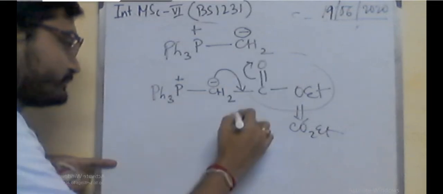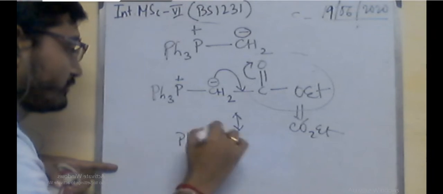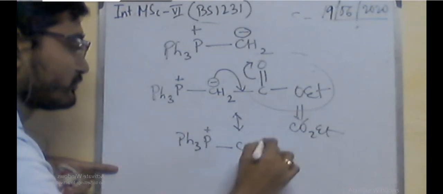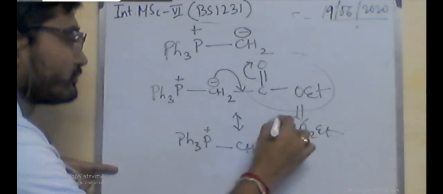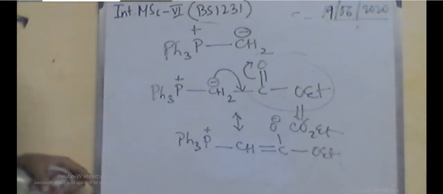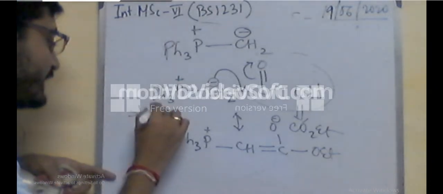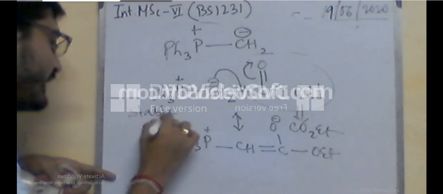So when this negative charge gets stabilized via resonance, then that ylide is named the stable ylide, or stabilized ylide. Now when the ylide is stabilized, there are two cases.